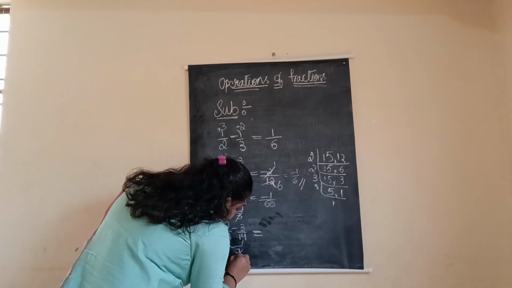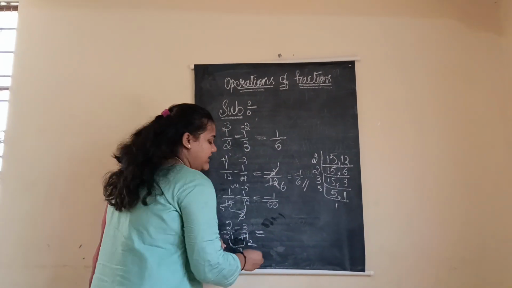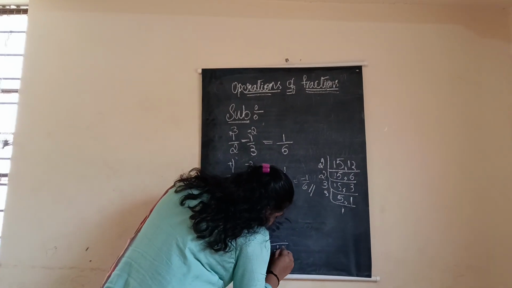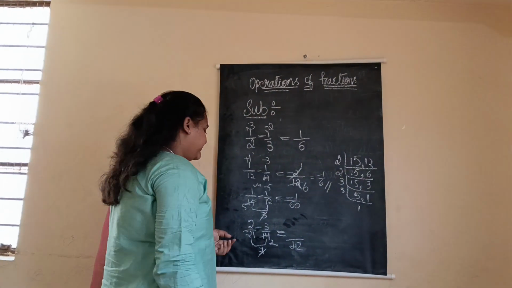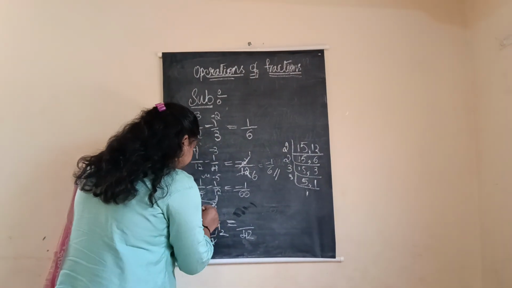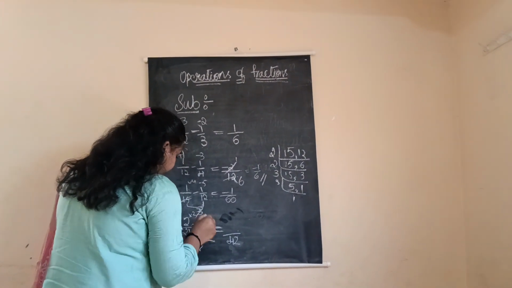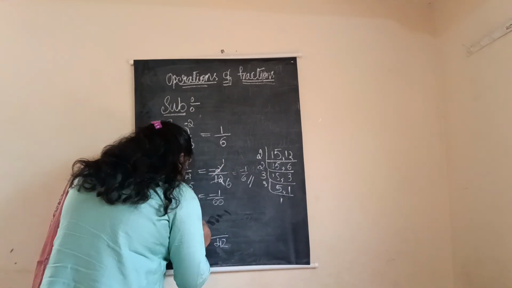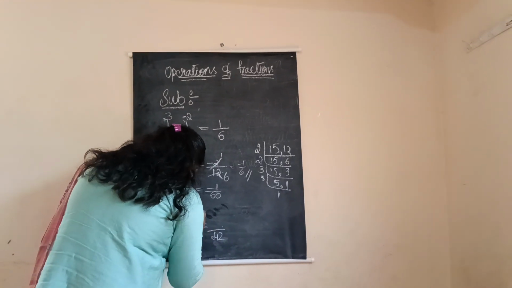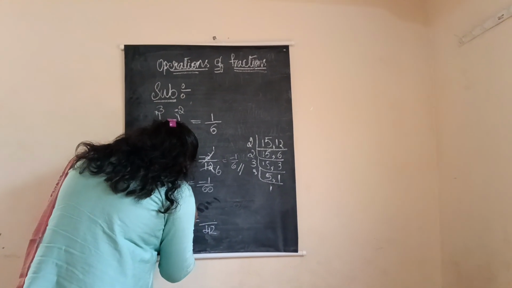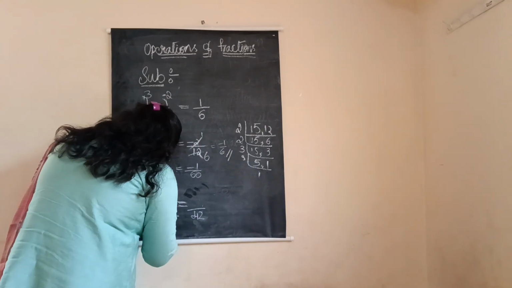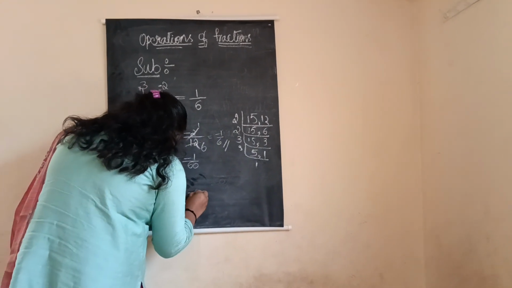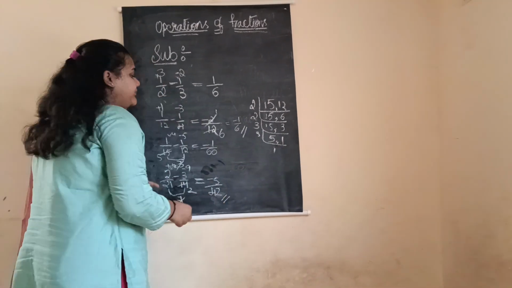So 7 1s are 7, 7 2s are 14, 21 into 2 is 42, the LCM. 42, 21 into 2. 14 3s are 42, 3 3s are 9. Minus 9 plus 4. So minus 5 by 42.